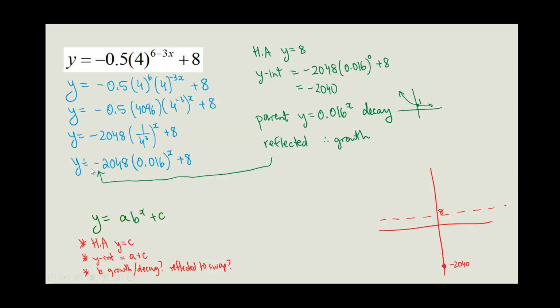You look at your negative in your simplified version, there is a reflection. So the decay, instead of falling from left to right, our graph is going to grow or rise from left to right. It has to go through this point over here for the y-intercept. It has to approach the horizontal asymptote, and it's supposed to rise from left to right. And so you can finish off the graph, and that's it.